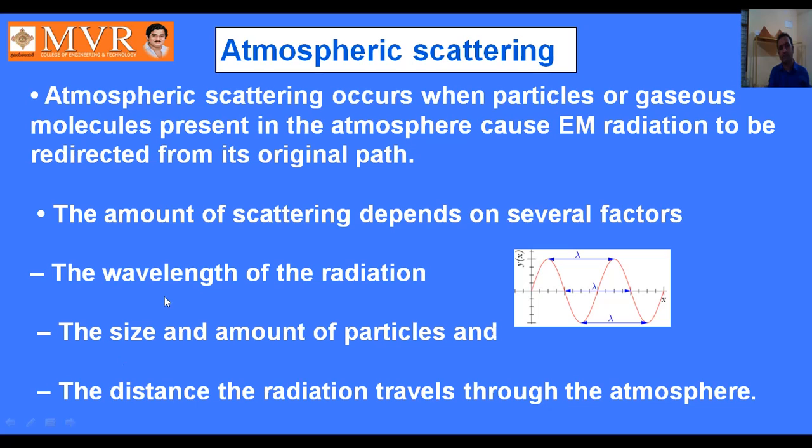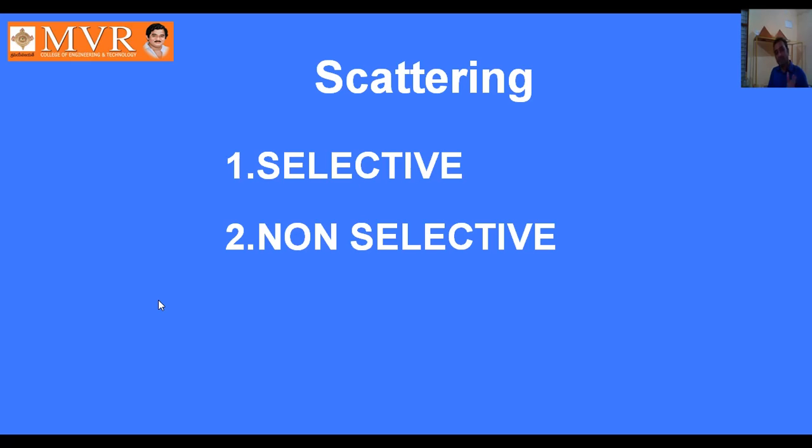Distance, size, and wavelength, these three parameters are very important, but in this topic, based on the size of the particle and the wavelength, we can explain all these scatterings. Okay. First, based on the size of the particle, they are divided into two scatterings: one is selective scattering, the second is non-selective scattering.